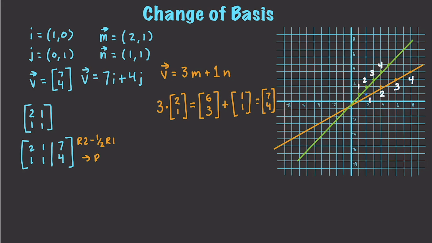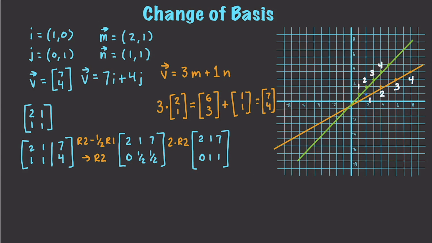Place this in R2, which gives us 2, 1, 7, 0, 1/2, and 1/2. Then we multiply 2 times R2, which gives us 2, 1, 7, 0, 1, 1. We then subtract R2 from R1, which will give us 2, 0, 6, 0, 1, 1.